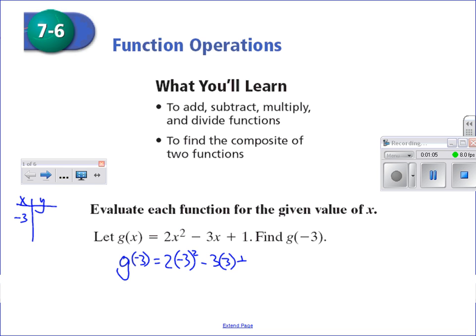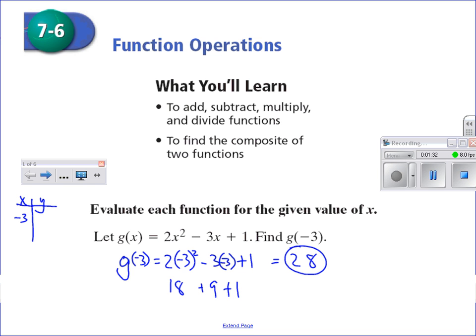Use parentheses properly, use our order of operations properly, and this will be easy peasy for you. We got -3 squared is 9, times 2 is 18 here. We get -3 times -3, careful there, is 9 more, and plus 1 more gives me a total of 28.